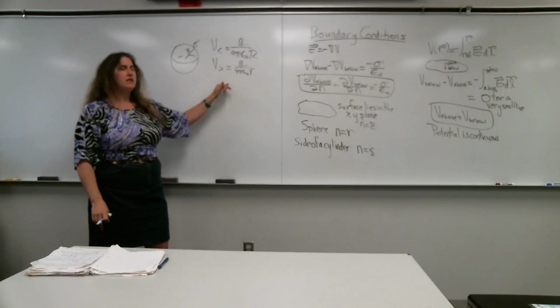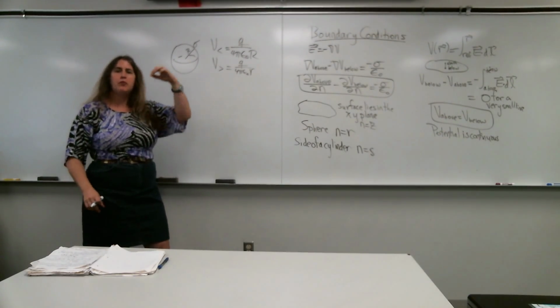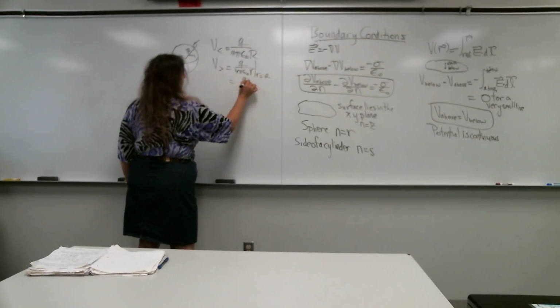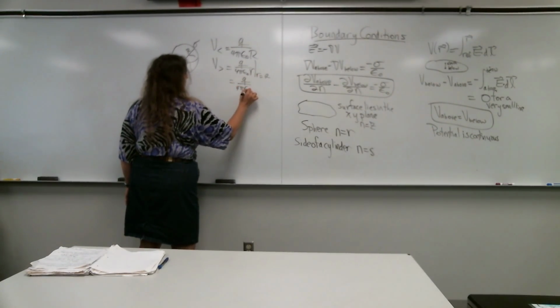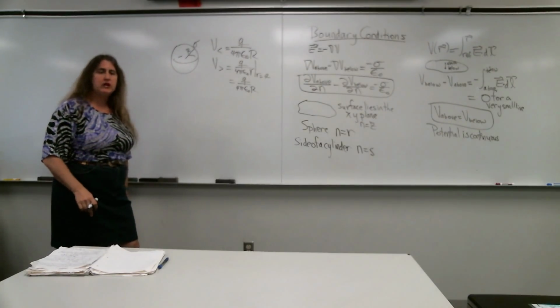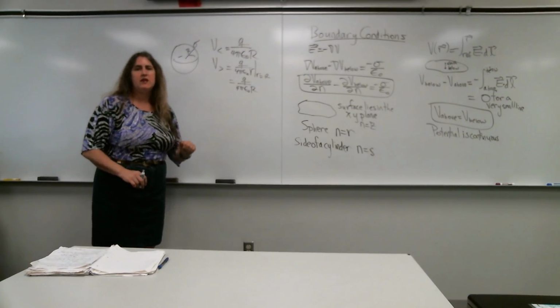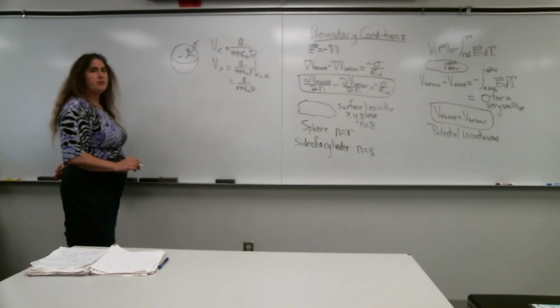But if we take this at the surface of the sphere just above it, in other words, we evaluate r equals R, these two expressions are equal, therefore we see in this case this is indeed continuous across the surface.